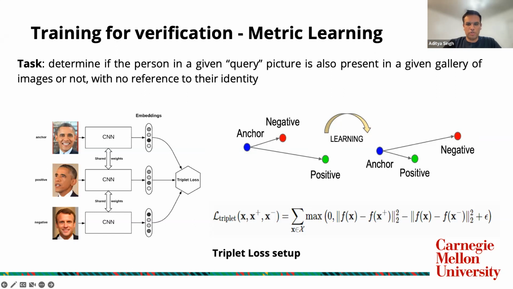The positive sample belongs to the same category as the anchor image, and the negative sample does not. We define a loss that minimizes the distance between the anchor and the positive sample and maximizes the distance between the anchor and the negative sample. And that can be modeled by this equation here.